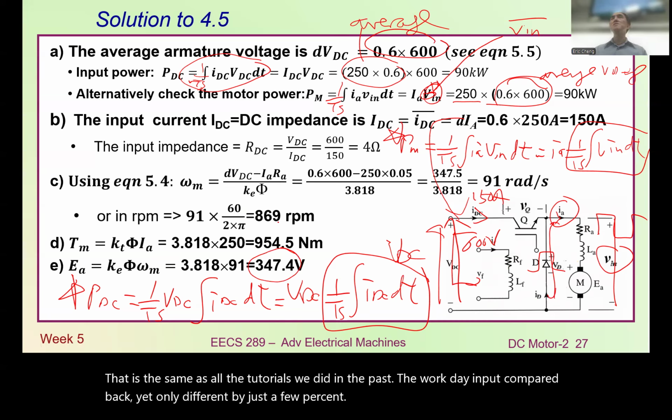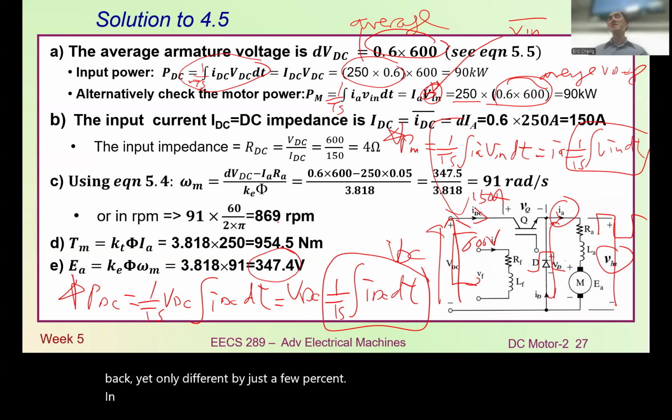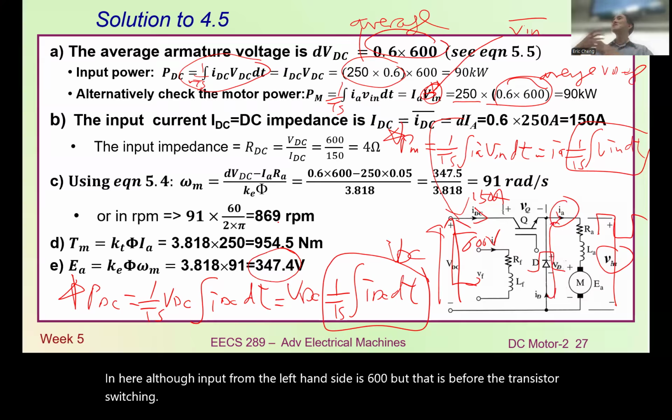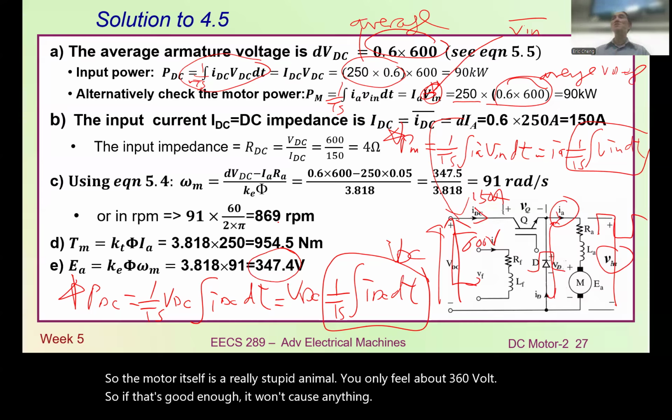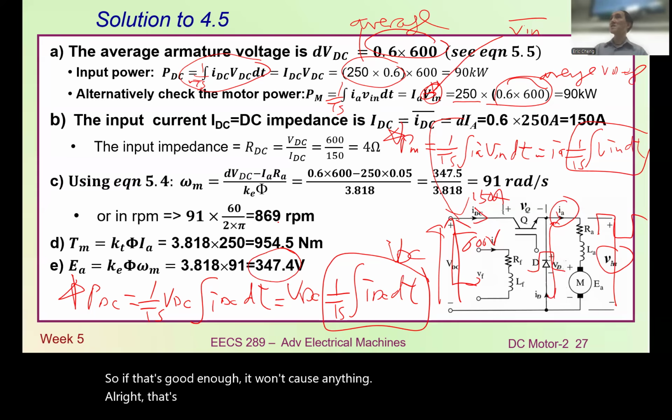Although the input from the left-hand side is 600, that is before the transistor switching. So the motor itself is a really stupid animal. It only feels about 360 volts, so that's good enough. It won't cost anything. That's why we need to use a switching transistor to ensure that the average voltage going to the motor is not 600.